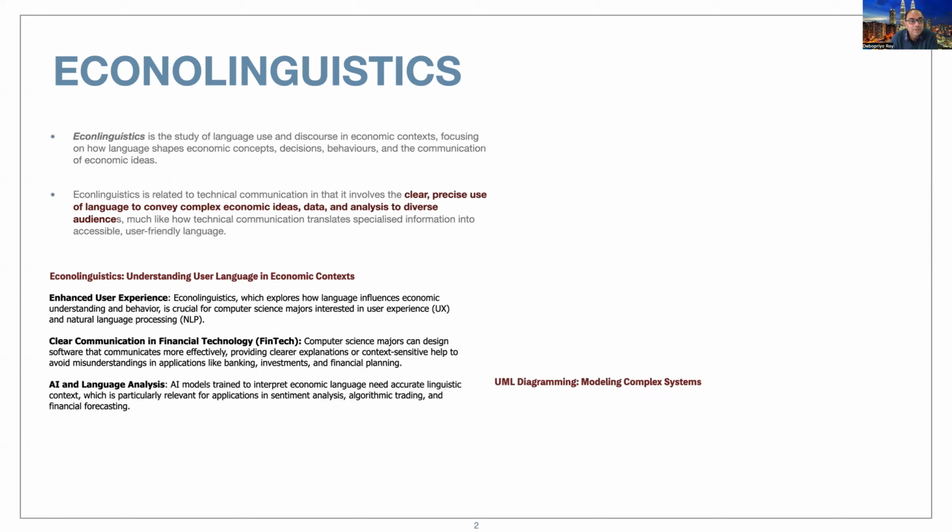So there are many kinds of applications. And the relation with technical communication is that it's successfully used for technical communication applications, because in both econ linguistics and technical communication, the attempt is to better present technical information for non-technical people, for them to better understand and take bold decisions which they will understand in better light.